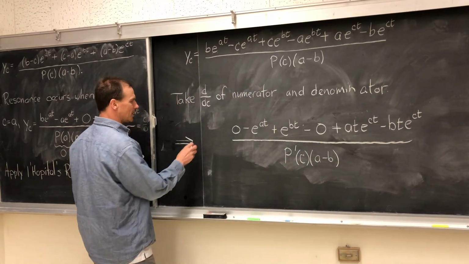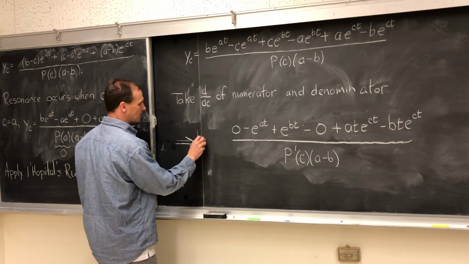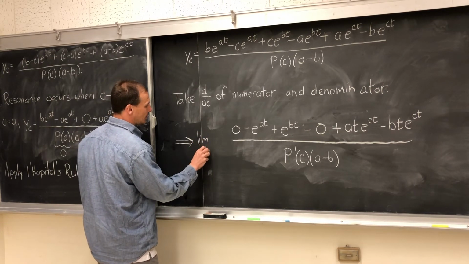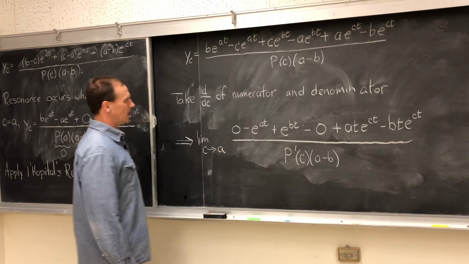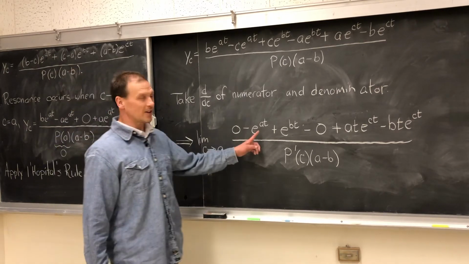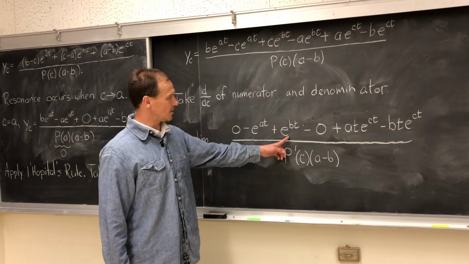And now what we want to do is take the limit as c approaches a. And let's see what we get. This term is unaffected by my limit. This second term is unaffected.